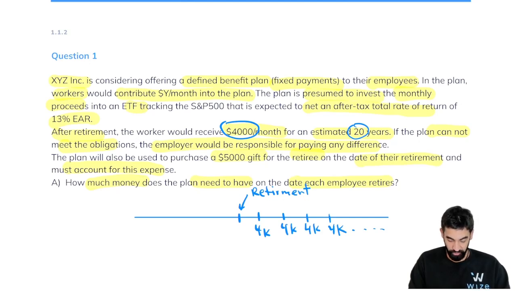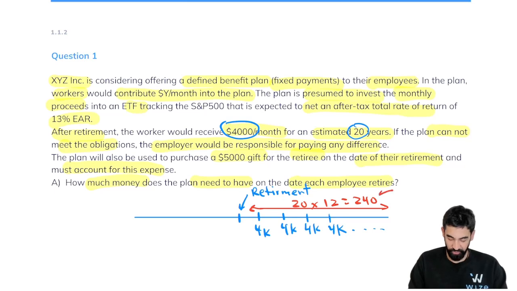So how many payments would they get in total? Well, if it's per month, it would be 20 times 12. So here, there's 20 years times 12 months, it would be 240 payments altogether that they get.